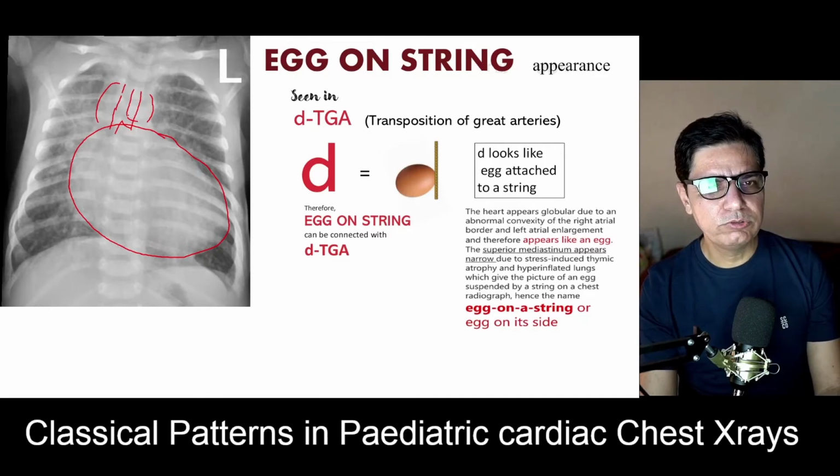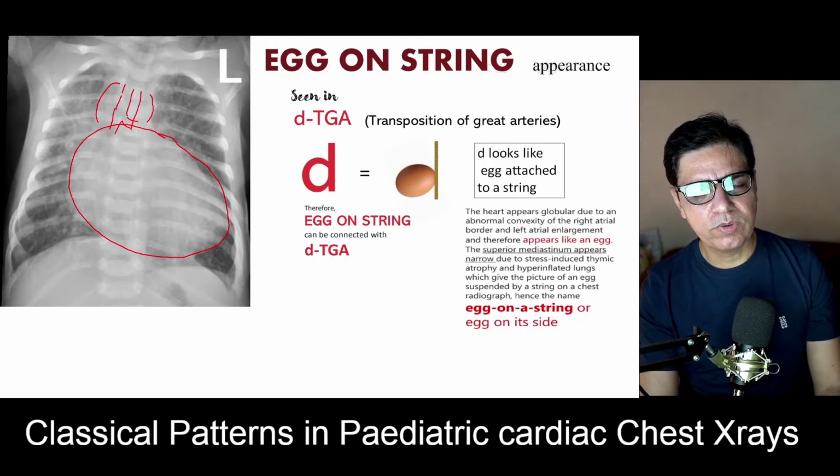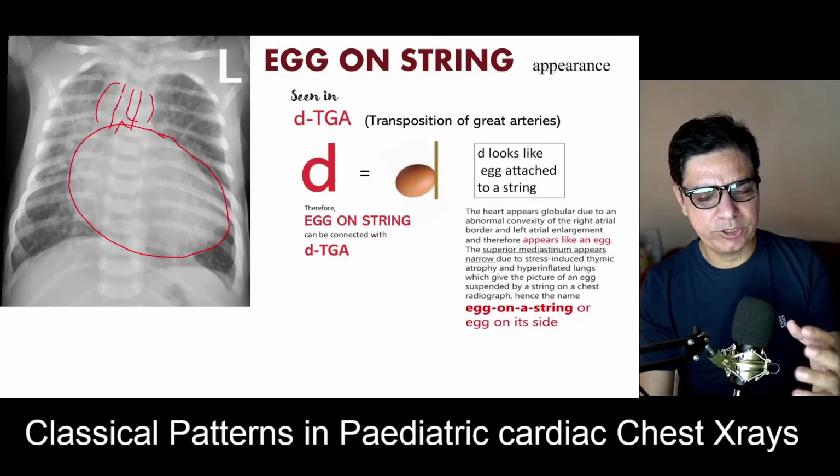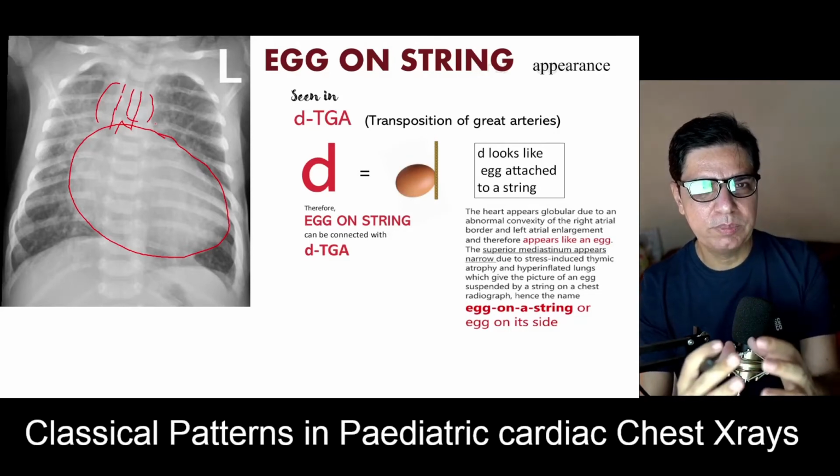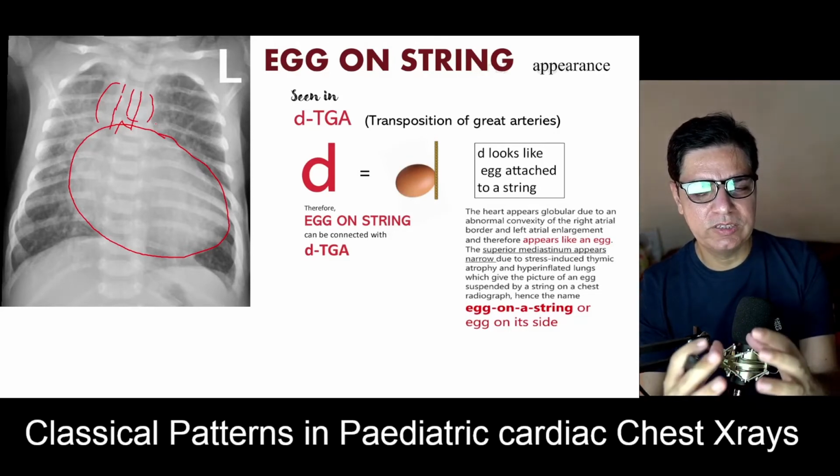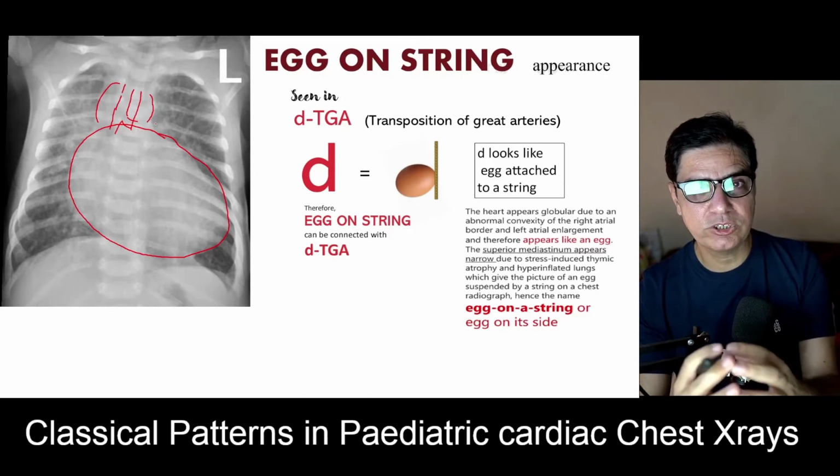But usually, because of a lot of blood flow through the lungs, they're very much congested. Because of this congestion, it pressurizes the mediastinum, so the mediastinal structures are squashed. Even if the thymus is there, it gets squashed. That's why the mediastinum becomes narrow.